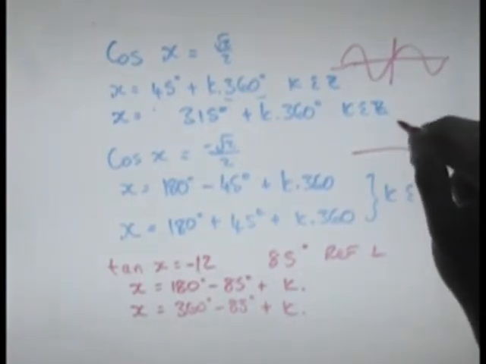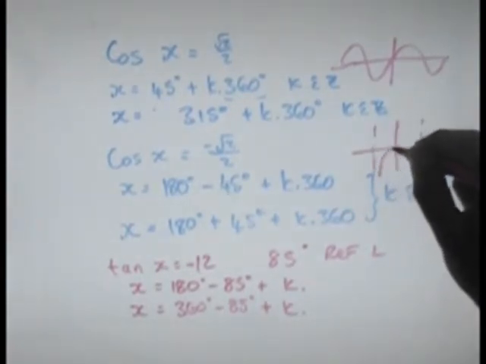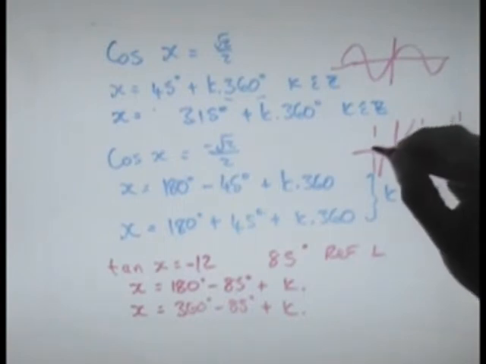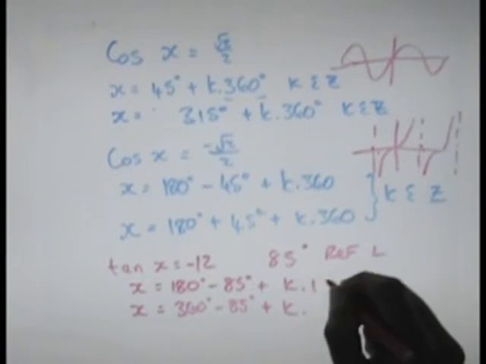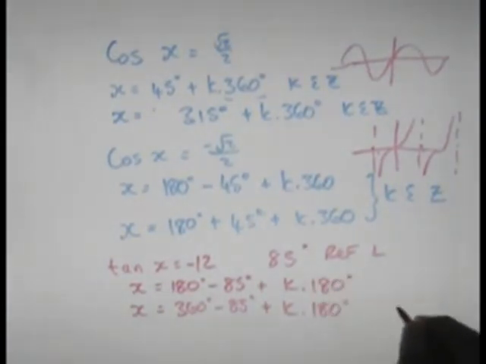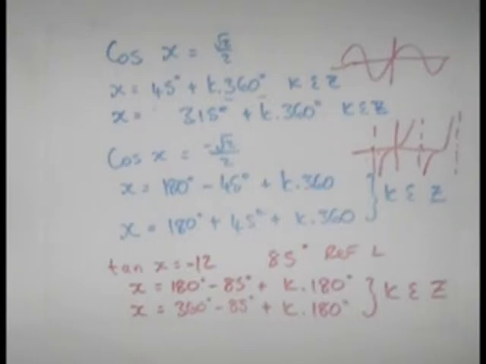The tan graph, however, because of its asymptotes, you'll notice that the tan graph repeats itself at every 180 degrees. That's negative 90, positive 90. So the tan graph repeats itself at intervals of 180 degrees. Again, this is where k is an element of integers.